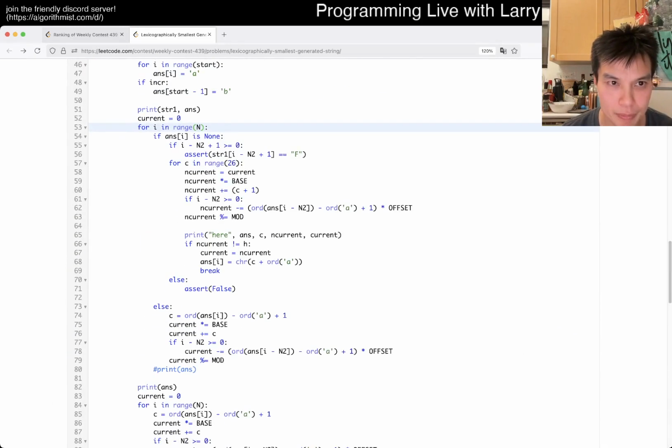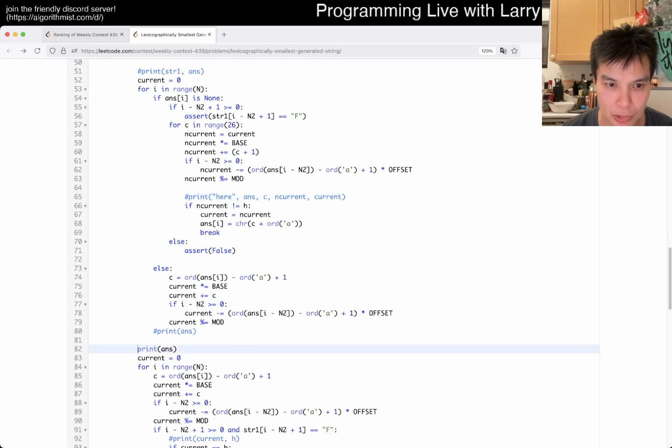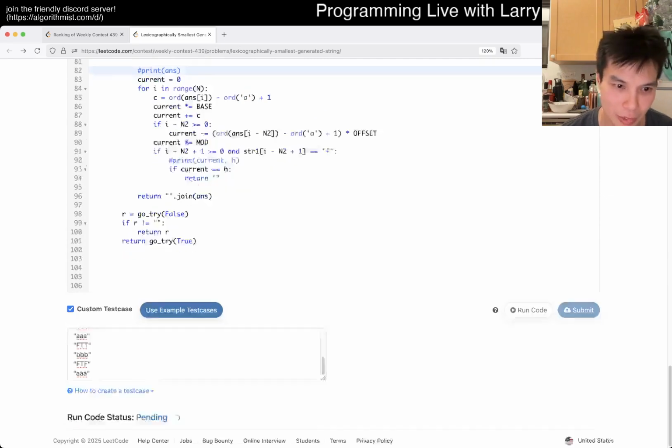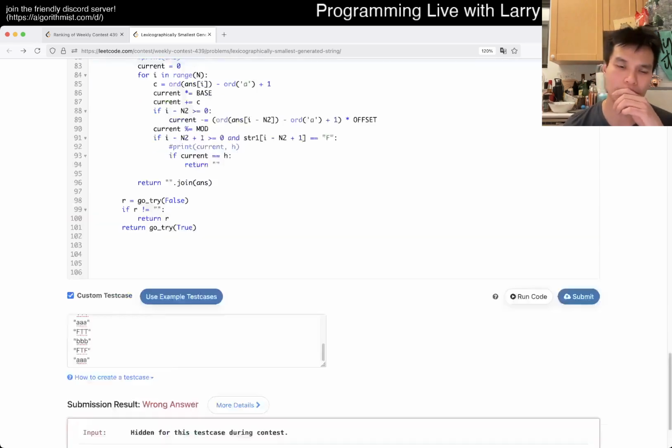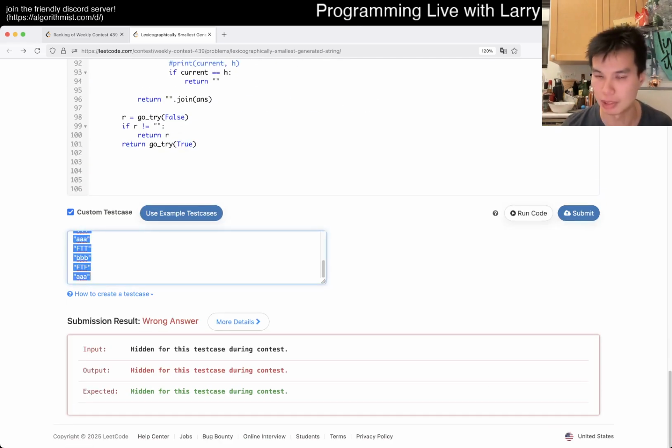Okay. I don't know if this is right, but I feel like this should be right, other than some weird edge case. Well, they're all weird edge cases, but at least this should be more right. Okay. So there is a case that's similar to this, but I feel like you have to increment a little bit more, and that's the tricky part. Alright, well, let's try a little bit more.